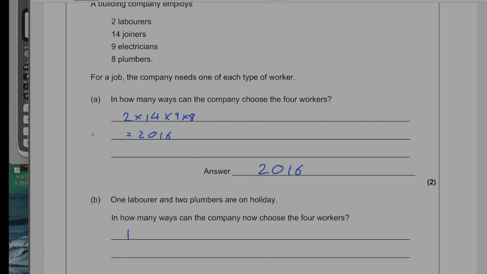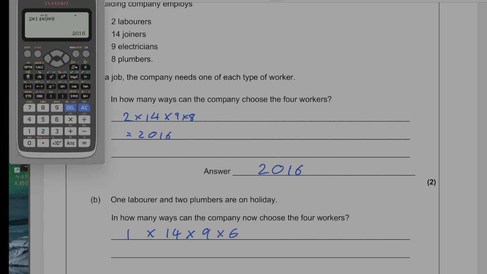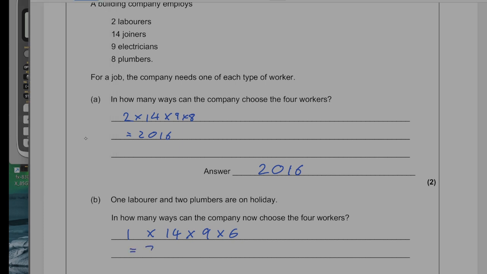But we'll stick with the original. So 1 labourer, 14 joiners, 9 electricians, but now only 6 plumbers. 1 times 14 times 9 times 6 gives us 756 combinations.